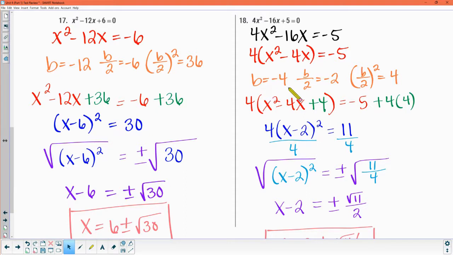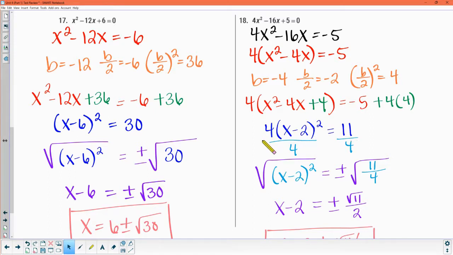So b is -4, b over 2 is -2, b over 2 squared is +4. So I'm going to add +4 into the parentheses of my left-hand side, but really I'm adding 4 times 4. So that's what I did on the right-hand side. That's going to give me 4 times x minus 2 squared is equal to 11.